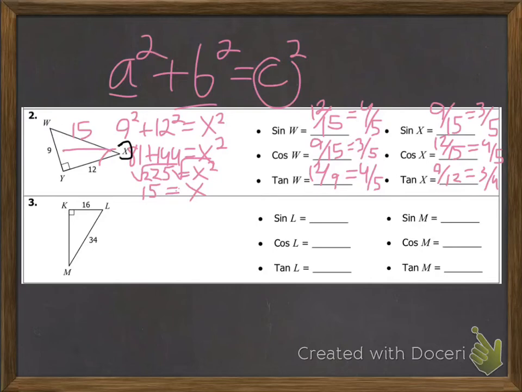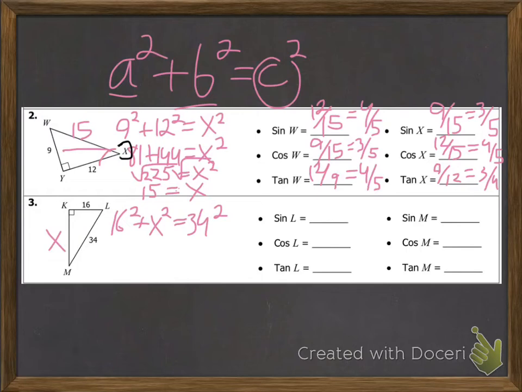And that's number 2. So now look at number 3. So once again, we're missing this side right here. But in this case, it's actually one of my legs because they gave us the hypotenuse and one of the legs. So go ahead and plug it in with 16 squared plus, once again, I'm going to call it x, x squared equals 34 squared.